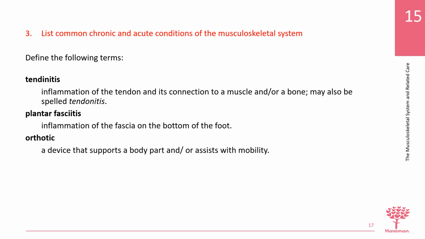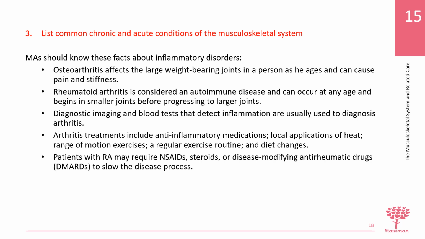And again, we have inflammation, your itis. You have plantar fasciitis, which is inflammation of the fascia on the bottom of the feet. And then an orthotic is a device that supports a body part to assist with mobility. Everything that we just named are considered the inflammatory disorders of the musculoskeletal system.